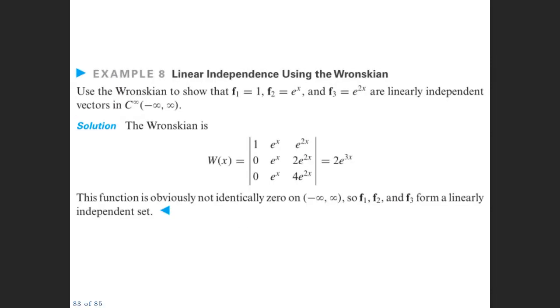One more example. Use the Wronskian to show that 1, e to the power x, and e to the power 2x are linearly independent vectors. So we calculate the Wronskian. We have three functions, so it's going to be the determinant of a 3 by 3 matrix. For the first column, we have 1, and then the derivative of 1, which is 0, and then the second derivative of 1, which is also 0.